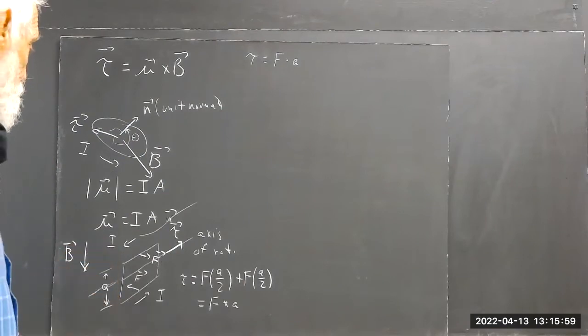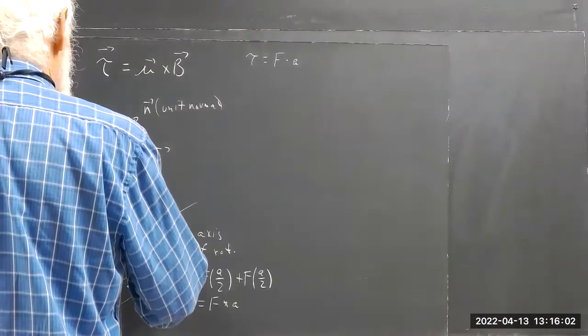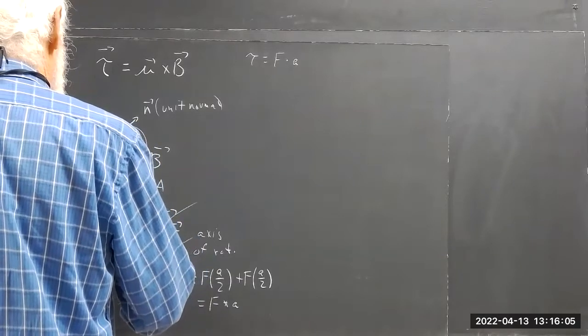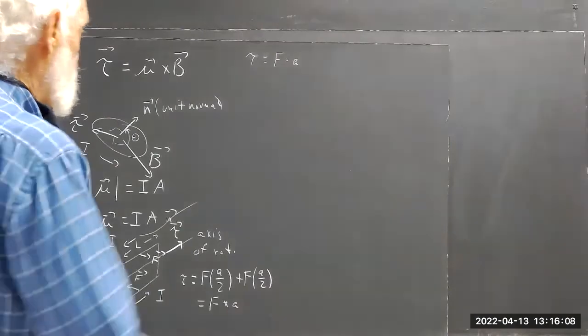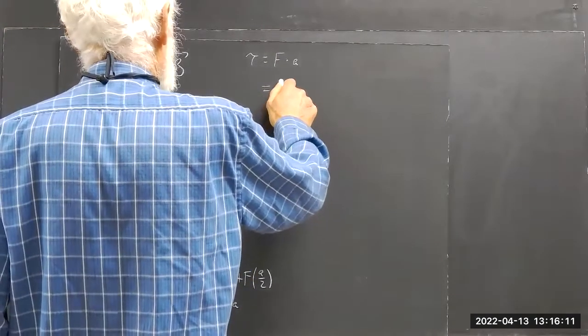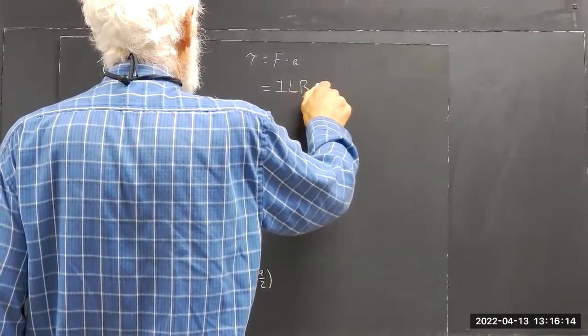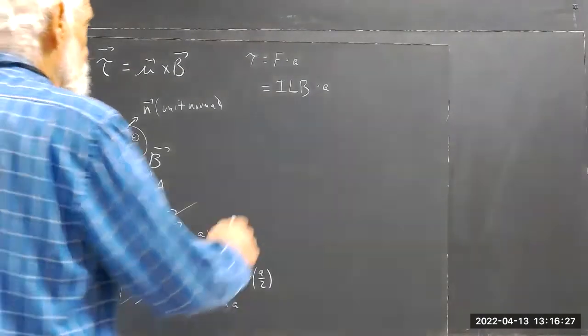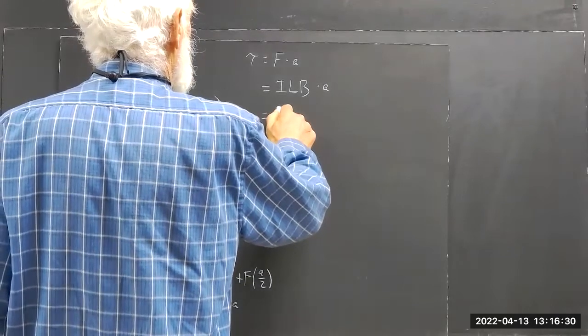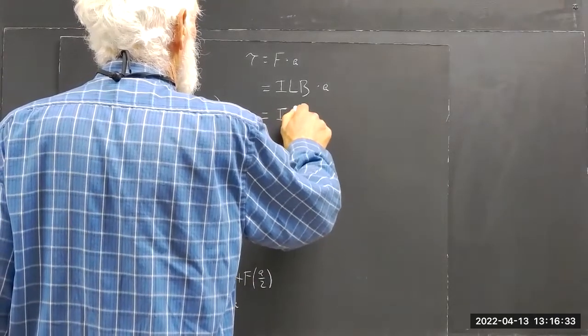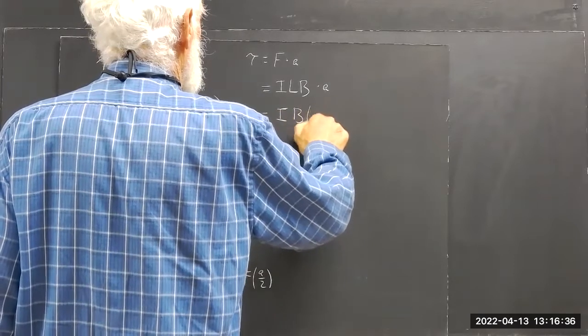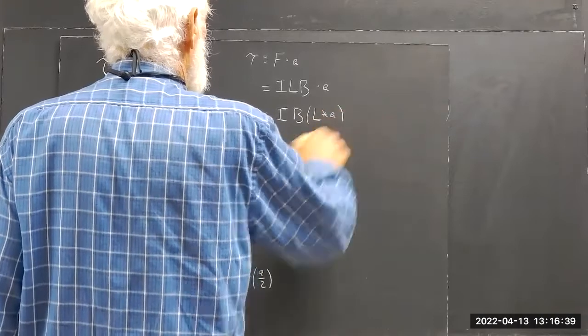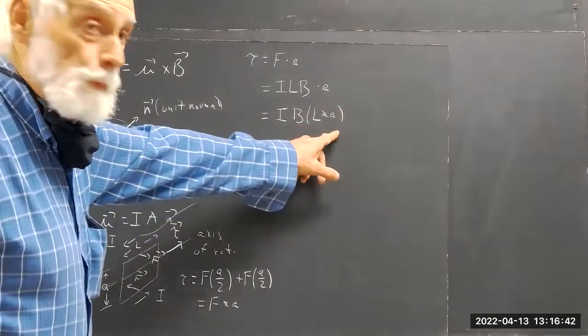And if this is the length here, then this equals ILB times little a, which is IB times L times little a, right?